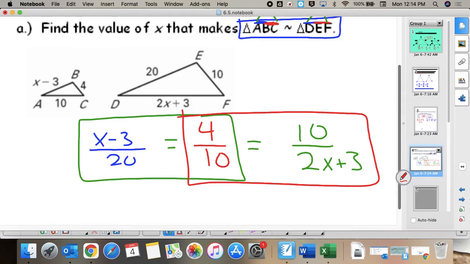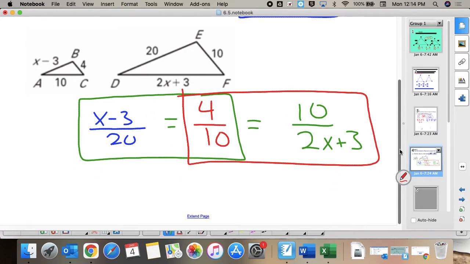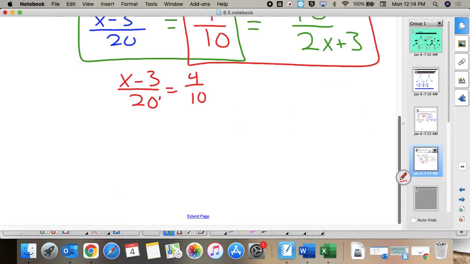So if we do the x minus 3 over 20 equals 4 over 10. When we cross multiply, 20 times 4 is 80. The 10 times the x minus 3 is 10x minus 30.